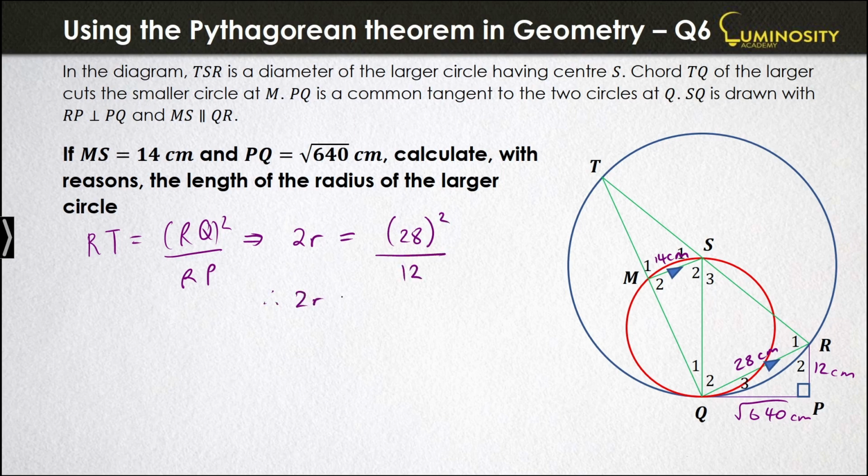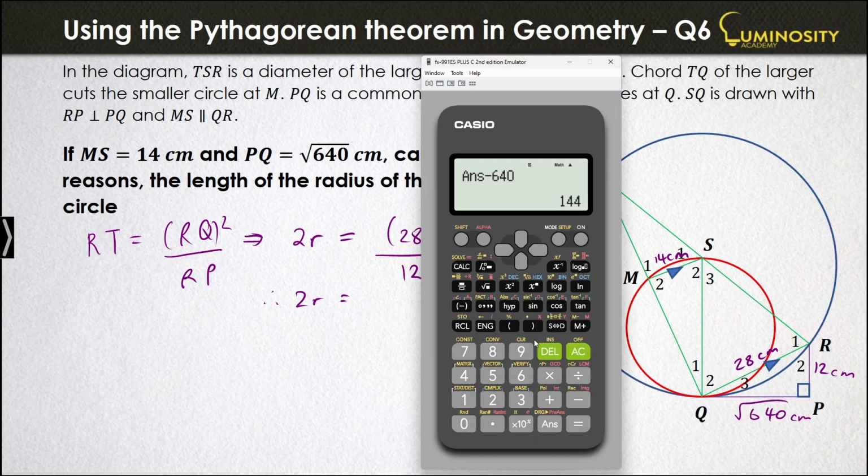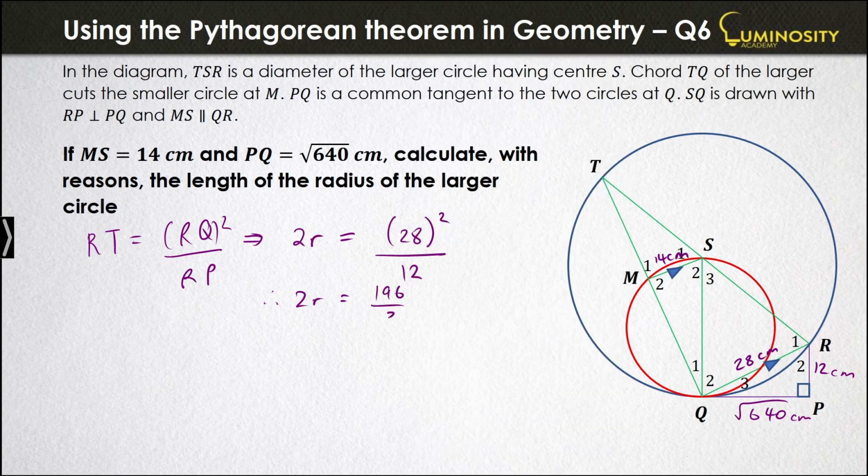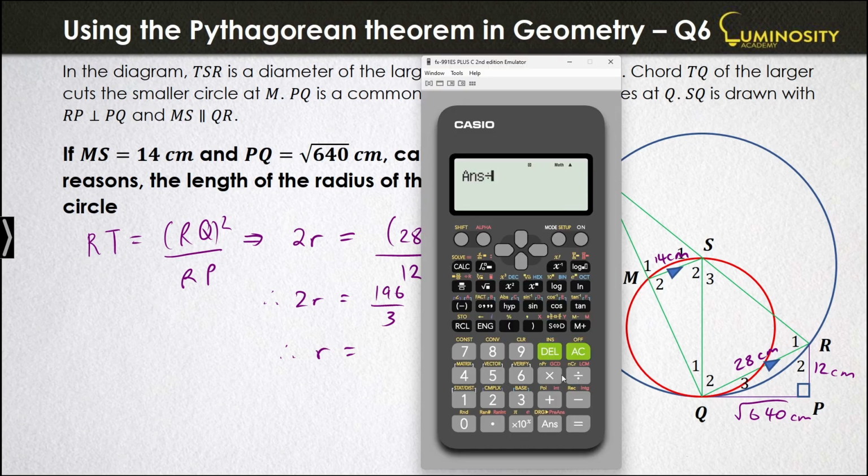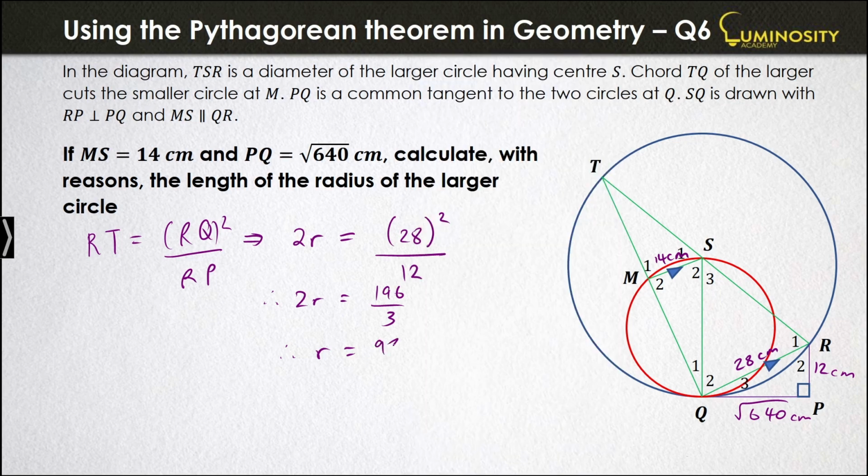So therefore I have 2R equals 28 squared divided by 12. So 28 squared, and then if I divide that by 12, I get 196 over 3. And then if I further divide that by 2 to get rid of the 2 in front of the R, I get 98 over 3.